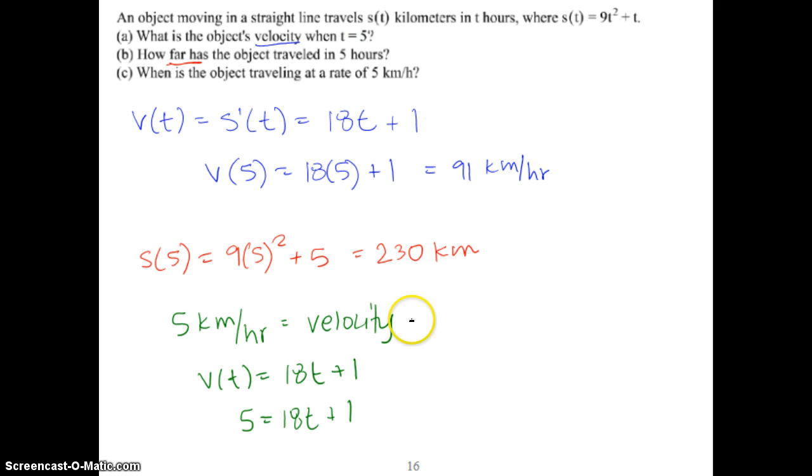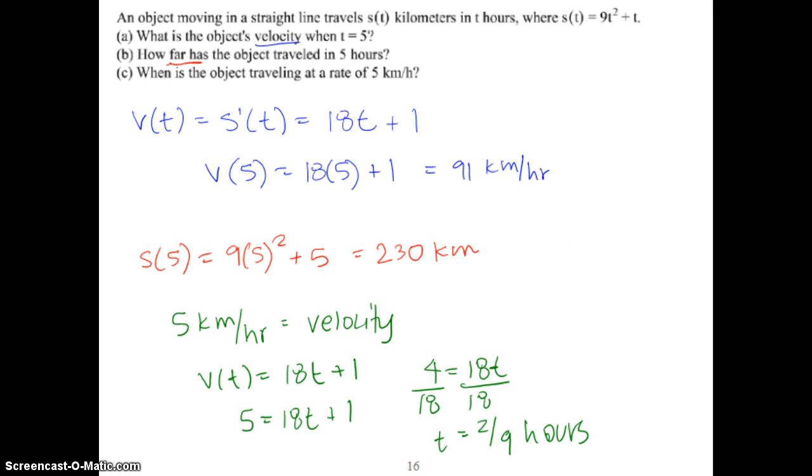Solve for t, and we get 4 equals 18t, divide both sides by 18, and we get t equals 2/9 hours. So that tells us when the object is traveling at a rate of 5 kilometers per hour.